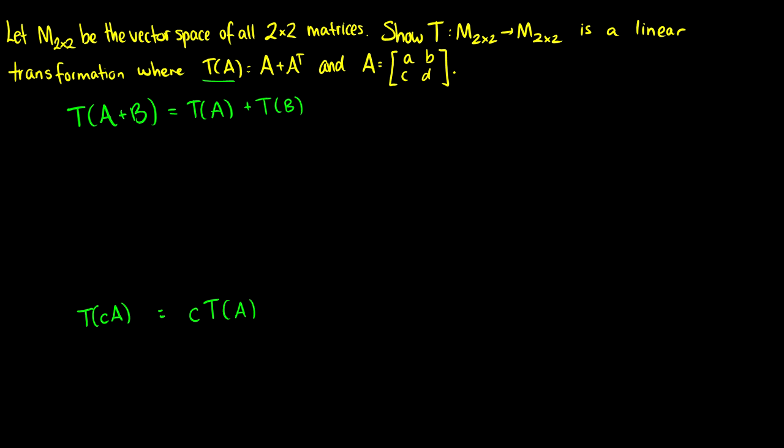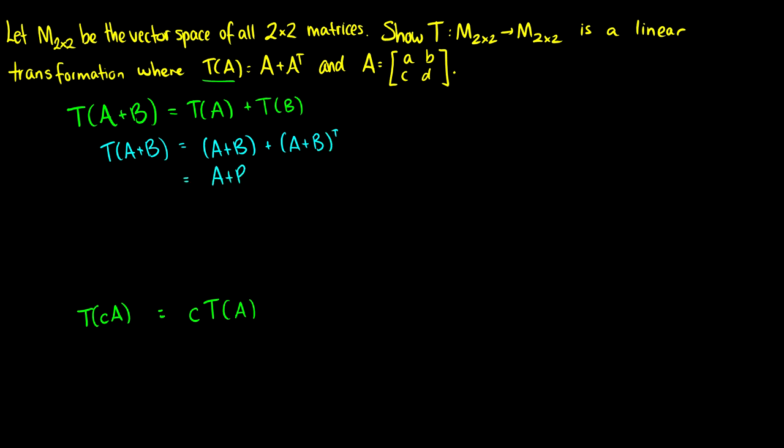So, to do this, let's take T of A plus B. Well, now we just put A plus B into where all of our A's are, so this is going to be A plus B, and then A plus B transpose. We can simplify the transpose a bit.